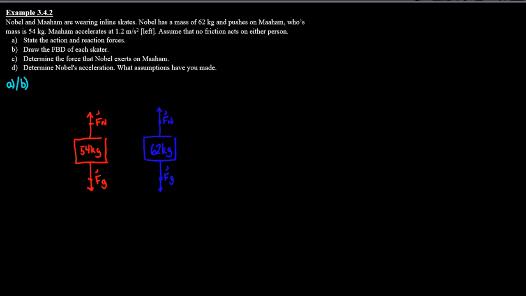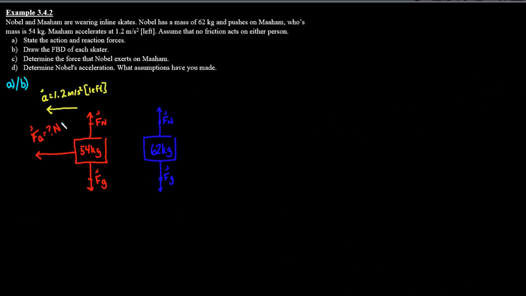Now, we know that Mayhem is experiencing acceleration in this direction of 1.2 meters per second squared left. Okay, so because of that, we know that there is some applied force that is going to have to act on Mayhem in the same direction of that acceleration. Okay, so there's some applied force that is being exerted on Mayhem in this direction. We don't know what that is yet.